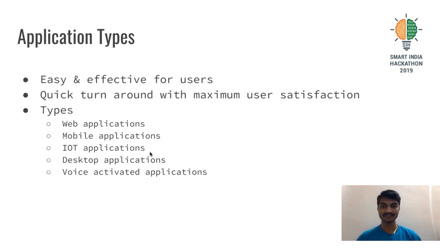Otherwise, if it takes a lot of time to implement and get into the market, there is a lot of possibility that the system will get outdated by the time it comes to the market. So it's better to come into the market as quickly as possible, and there are so many factors which we need to consider before selecting what kind of application we are going to create.